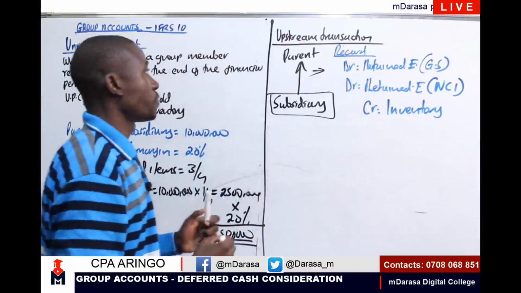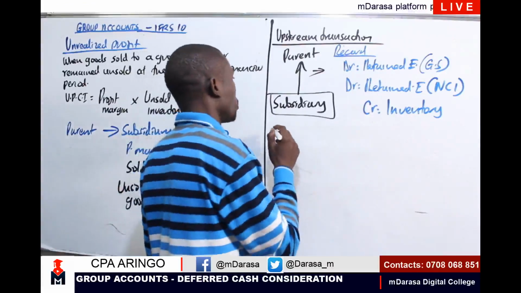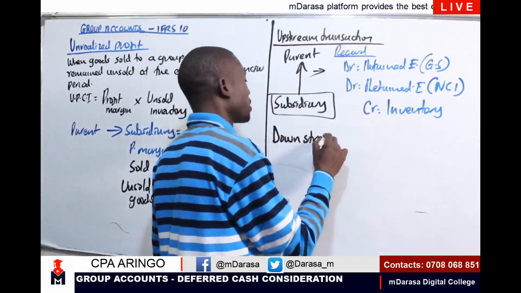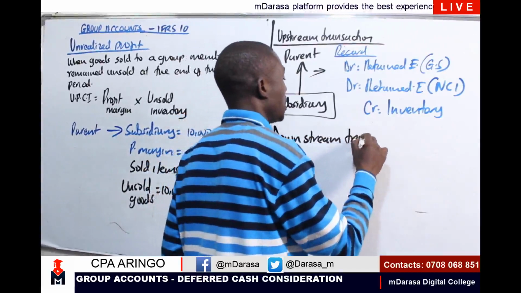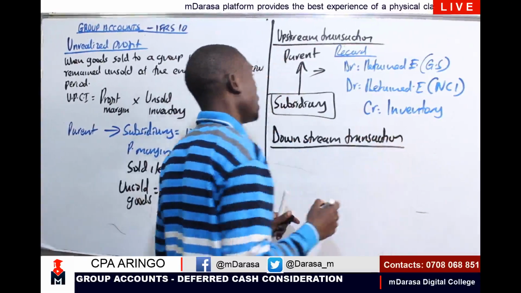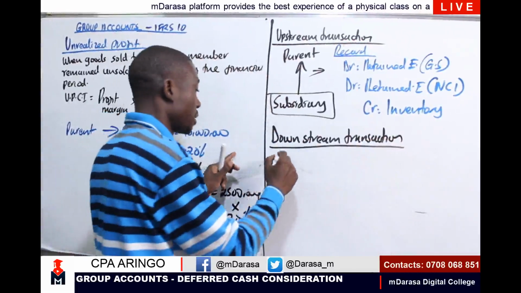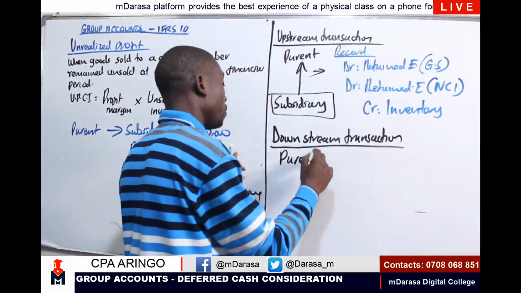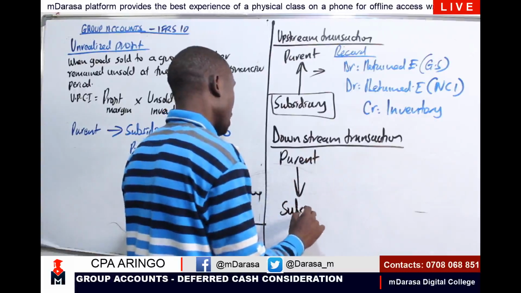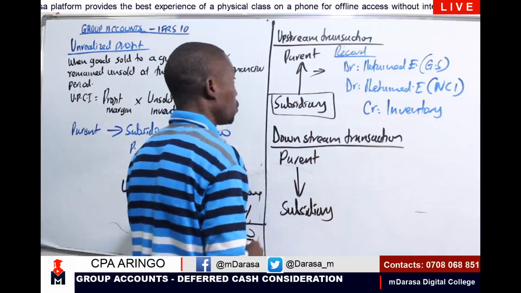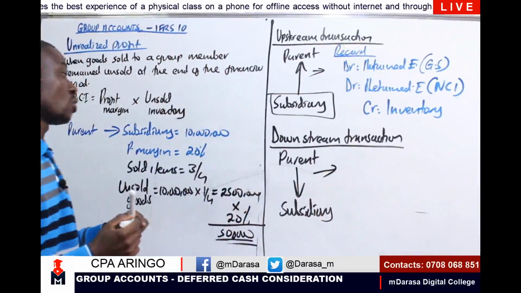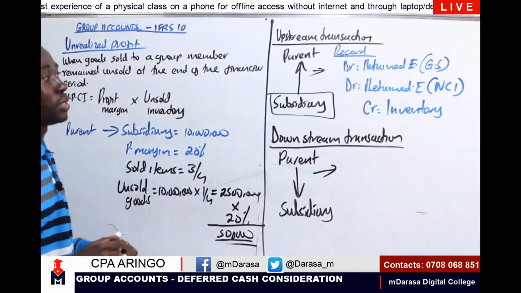Then the other form of transaction on UPS is the downstream transaction. A downstream transaction will occur as a result of the parent selling goods to the subsidiary. Here we'll find that the recording of this transaction will be different.